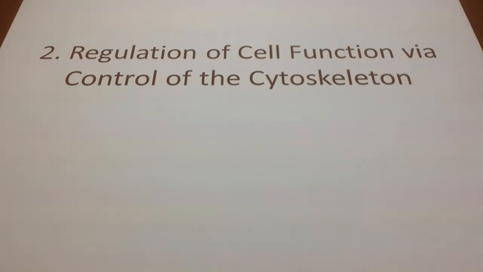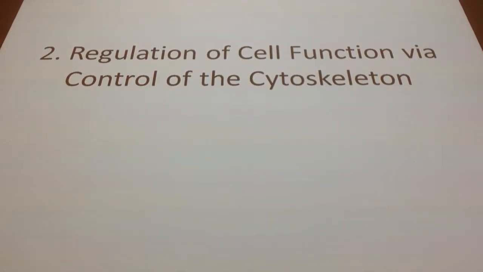So we're going to talk about assembly and disassembly of each of these cytoskeleton components. But when we talk about assembly and disassembly, what is that really? That's really translational modification, and when we talk about translational modification, we have to talk about regulation of certain structure, certain function. So we're going to cram the regulation of assembly and disassembly into explaining function.